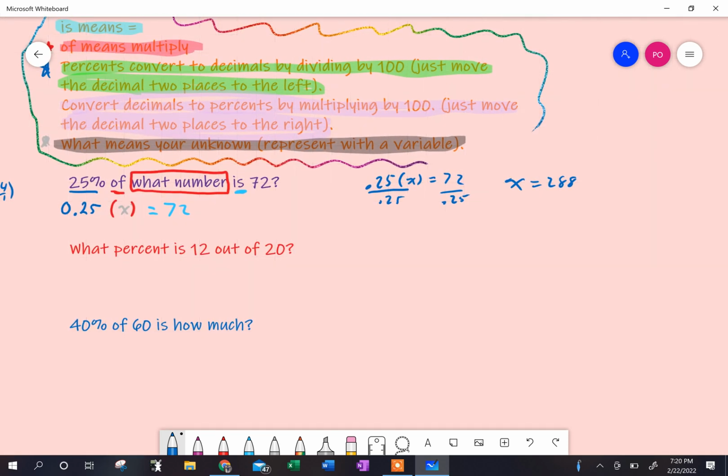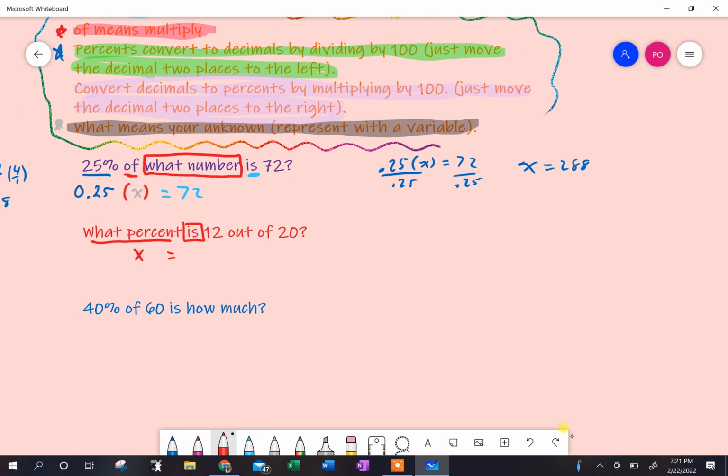This one says, what percent is? So I have x equals 12 out of 20. So that's going to be 12 over 20.